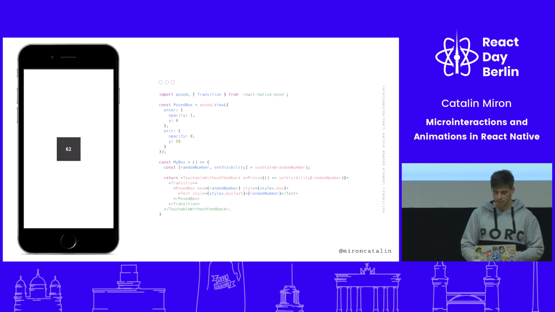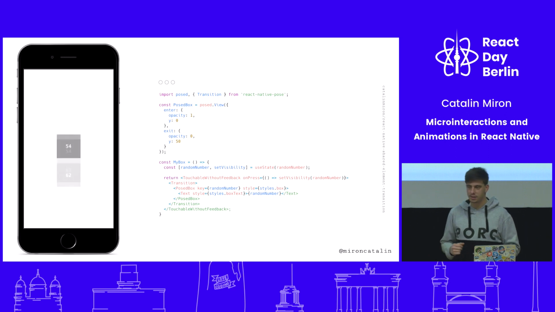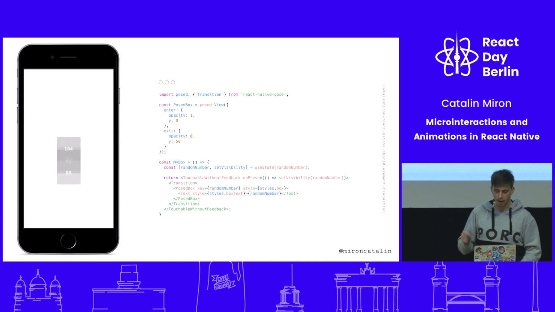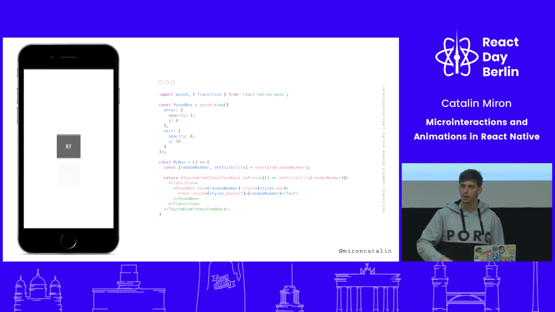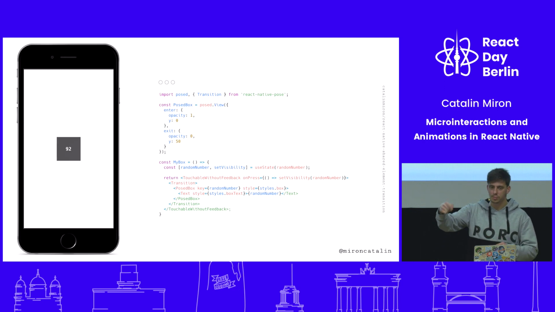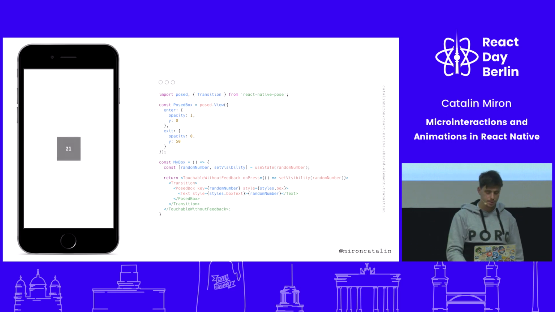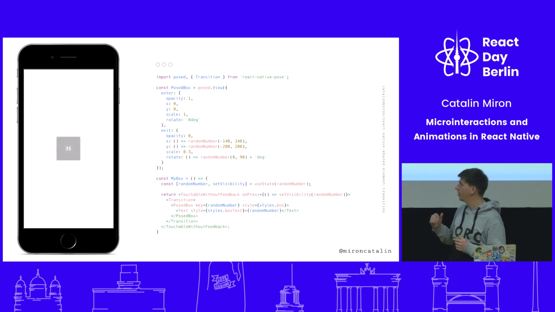A small example here is that I'm playing with the opacity and the Y position, and whenever you press on the screen, it's going to fake a new component being mounted, and it's going to animate between those states and those components.